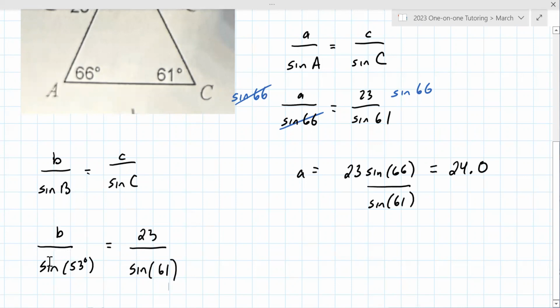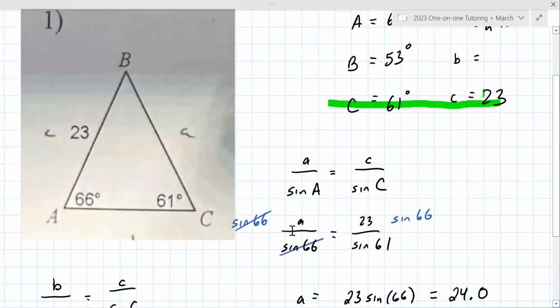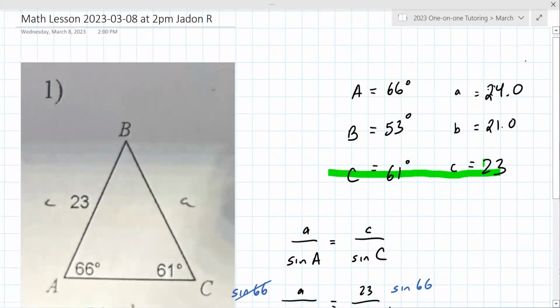And same thing here, you're going to clear out that sine by multiplying both sides by it. Okay, so you end up getting that B equals 23 sine 53 over sine 61, like that. This one actually does work out nicely. 21.0.